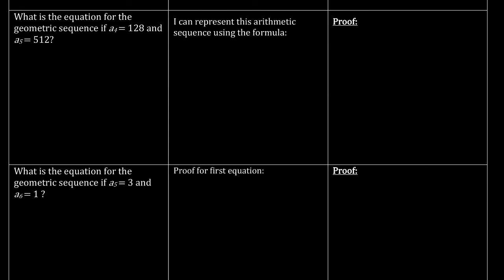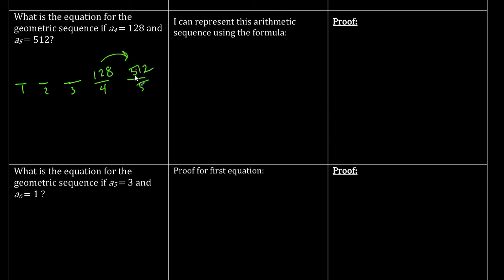I'm going to do one more. So I'm going to do this 128. It's just the fourth term. So 1, 2, 3, 4. And then it gives you the fifth term, 5. So this is the fourth, 128. The fifth term is 512.